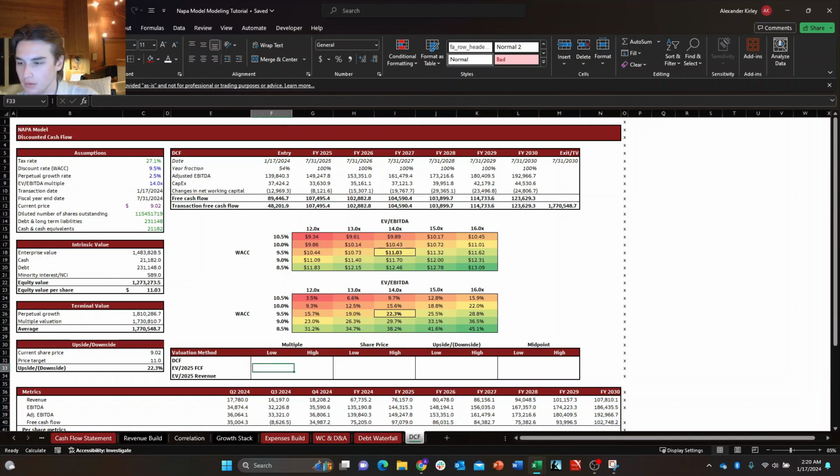Excellent. So our DCF, our low multiple is this. High multiple is this. EV free cash flow, we're going to have to go over this here soon. I'm going to have to comb through ER quickly to get a better sense of it. Share price is rather simple.